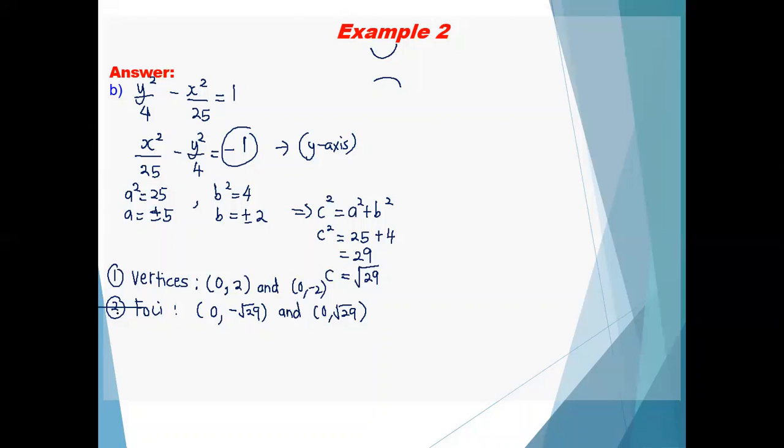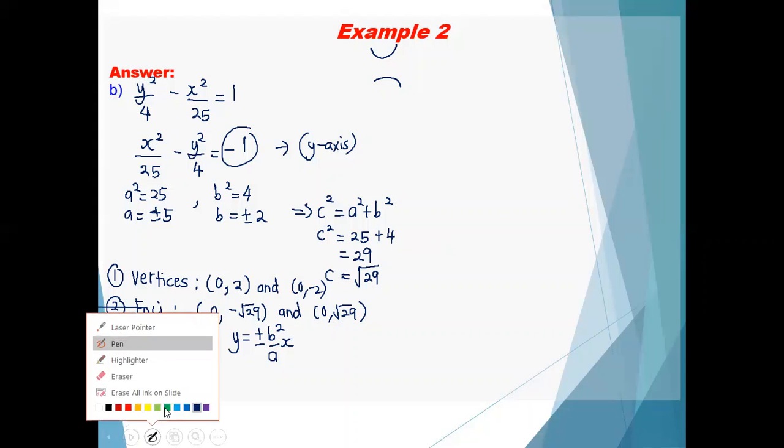Okay, so the third one is directrices. y is equal to plus minus b square over a. Directrices sama je. Sorry. Negative b square over a. Okay.